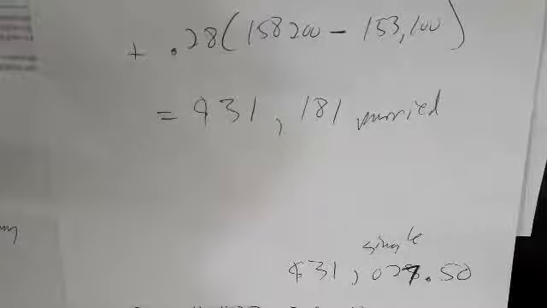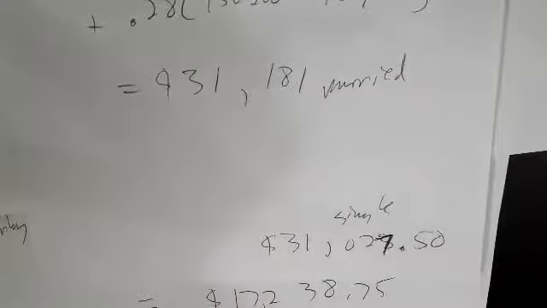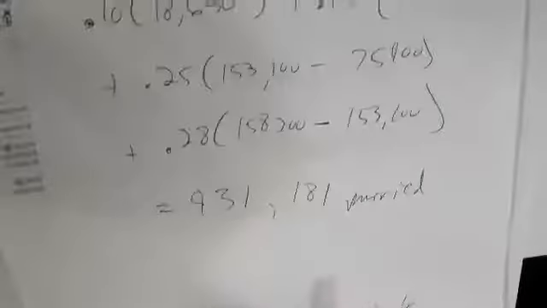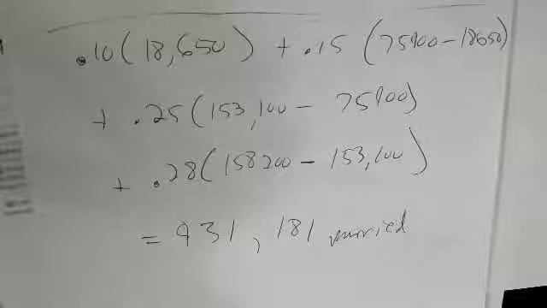Can you bring the paper up, Professor? It's just those two numbers that I added, right? These are the two numbers from the single. So if I add these two numbers and compare it to what I got when they did the married, you said move it up or move it down? Like that? No, up.